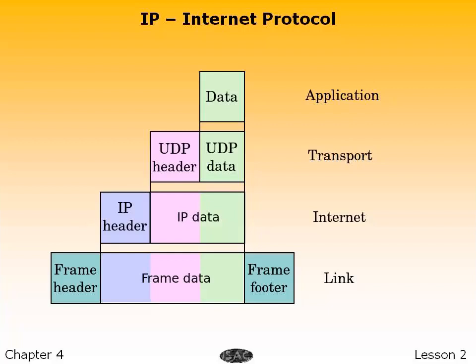IP is the primary protocol in the Internet layer of the Internet Protocol suite and has the task of delivering packets from the source host to the destination host solely based on the addresses.